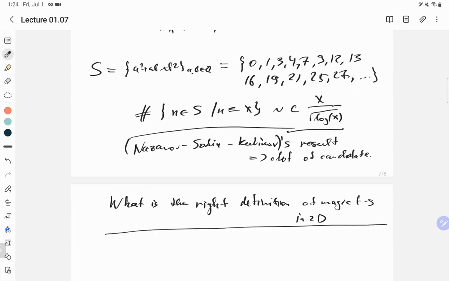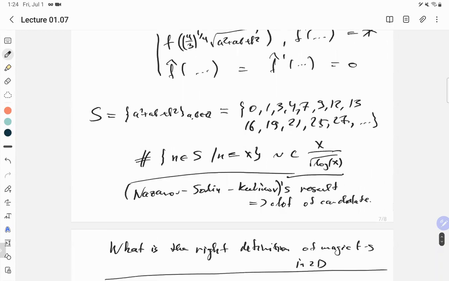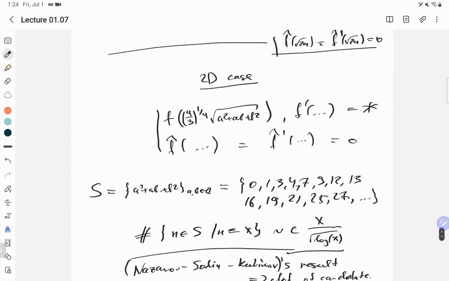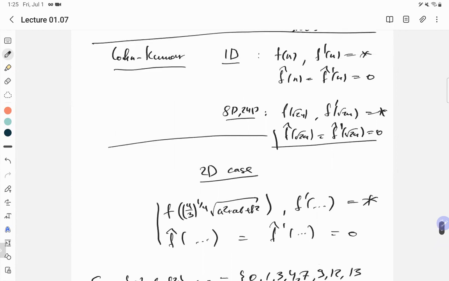So even the magic functions in the definition of Cohn-Kumar, there's plenty of, and we expect them to be infinite dimensional, convex, like affine spaces, I guess convex spaces. But the 1D case was kind of similar, right? We had very little information in the 1D case, but then you could still do everything.